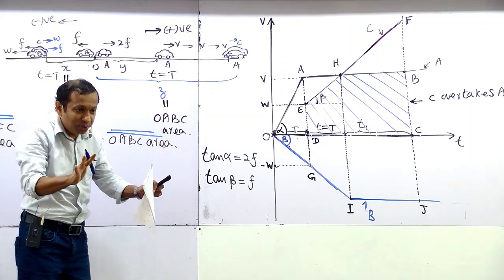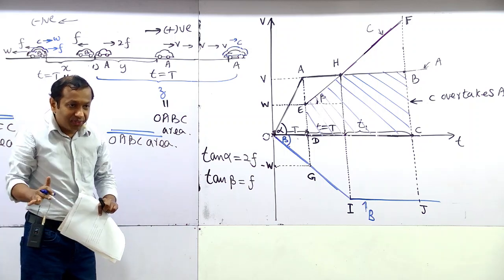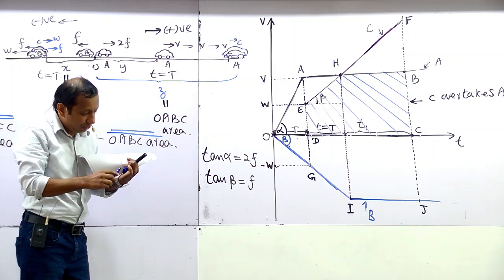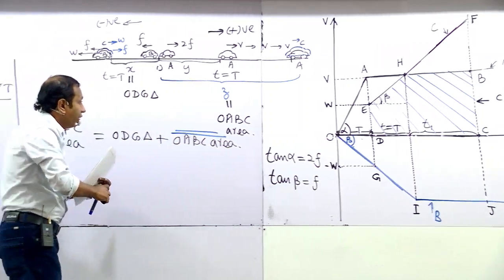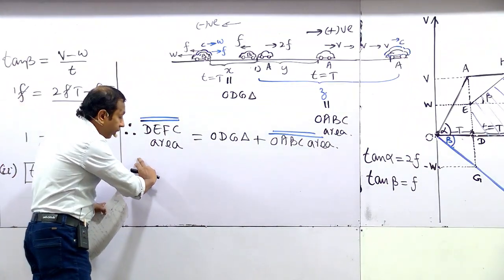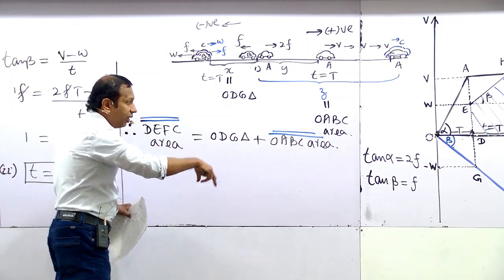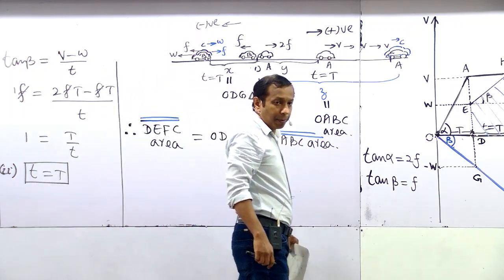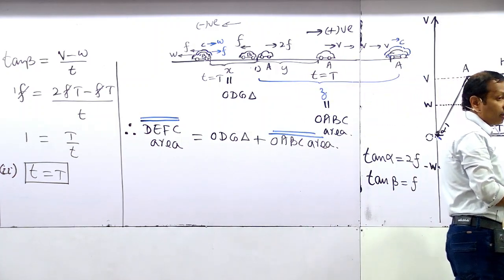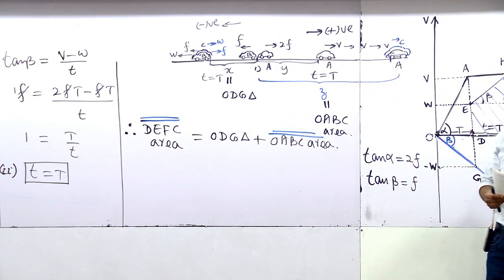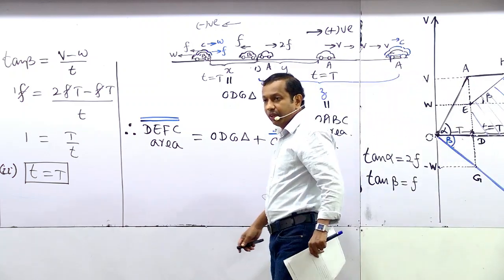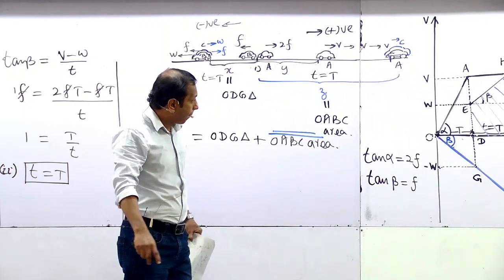Understand? We can remove the common area from both sides. Clear, no? Yes. Now write down. Removing common area from both sides.